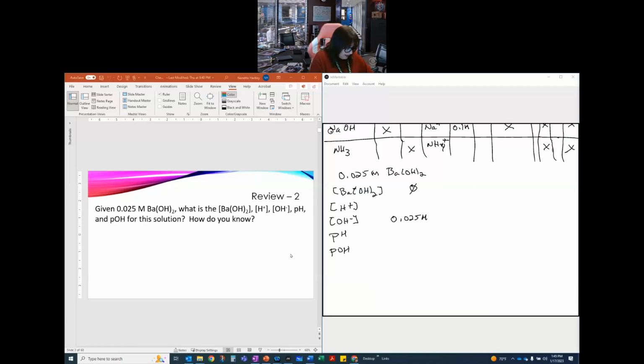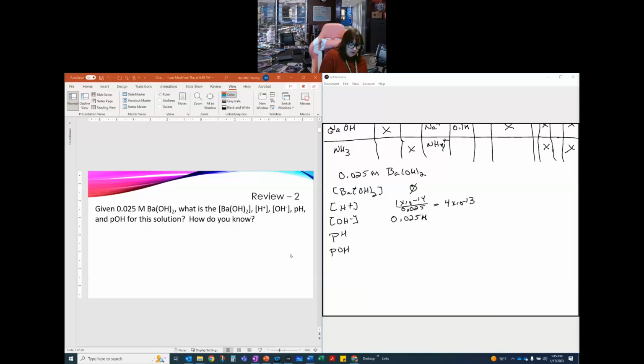If I want to calculate the H plus, I take 1 times 10 to the minus 14th. I divide it by that OH minus concentration, and that will give me the value that I need for the H plus. And that gives me 4 times 10 to the minus 13th.